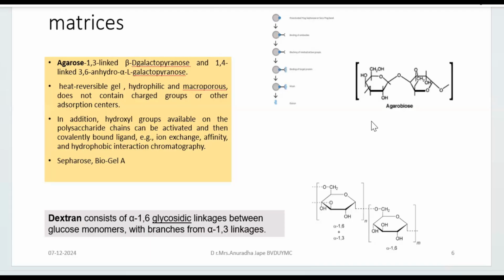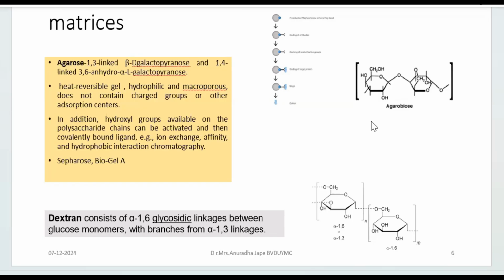The same polymer can be used to fill the columns, and it would act as a matrix. It is preferred because the stability is good. The pH range it can tolerate is 2 to 11, and the same is the case with dextran, up to a very wide range of pH, these are functional. Even in the case of agarose, pH 3 to 14 it is stable.